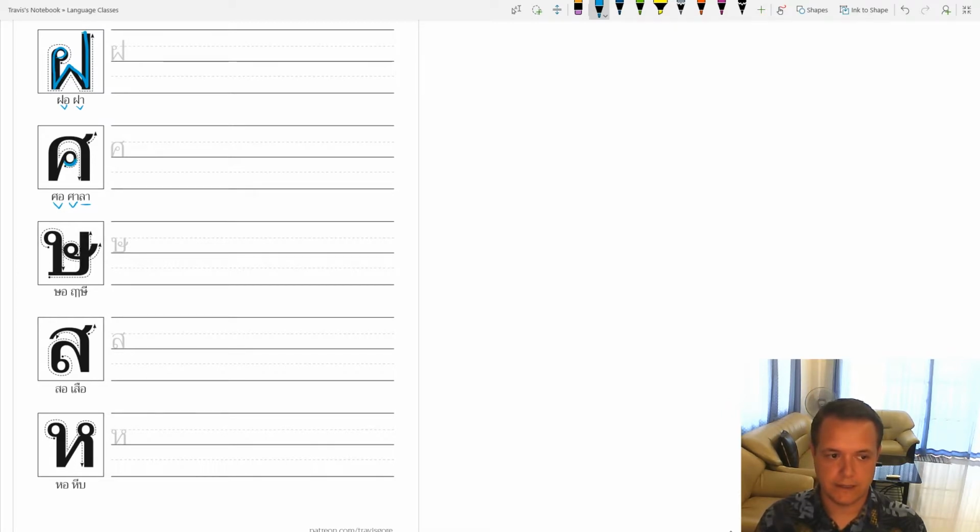Okay. We start with the circle, go down, all the way around, and then afterwards we just add this little tail there. Okay, that's saw, sa, la. Okay, the next one is saw, ru, si.